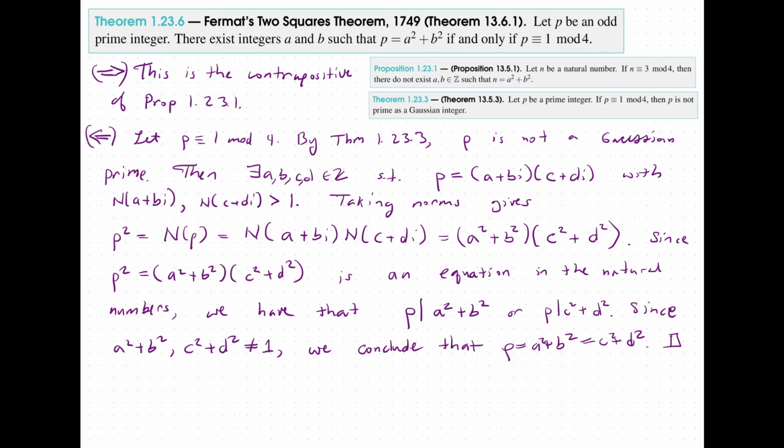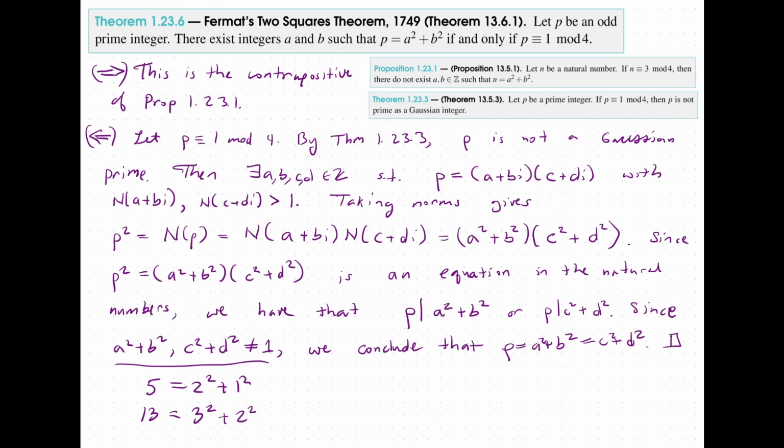But working over the Gaussian integers, we can go one step further than what we could do with the tools that Euler had at his disposal. So given a prime, say 5, we know 5 is 2 squared plus 1. We know 13 is equal to 3 squared plus 2 squared.